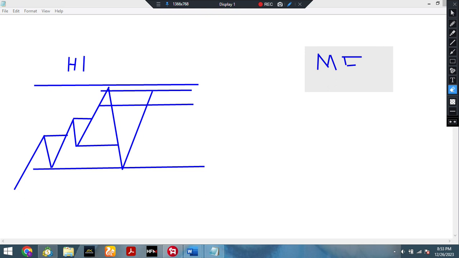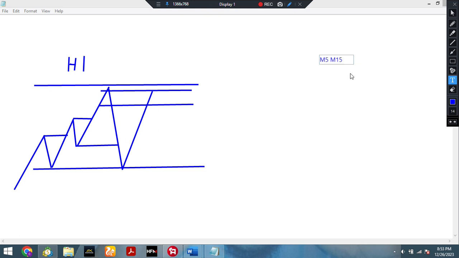So we'll be waiting for a reaction in M5, that means 5 minutes, or 15 minutes, to see if price is giving us a move towards the downside.